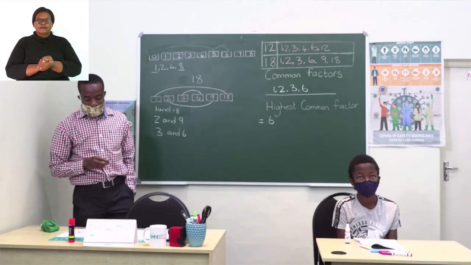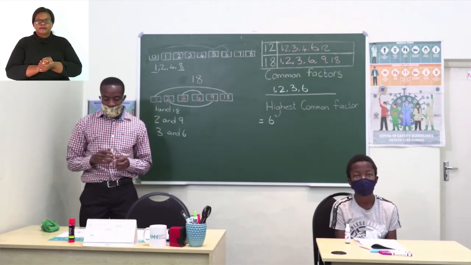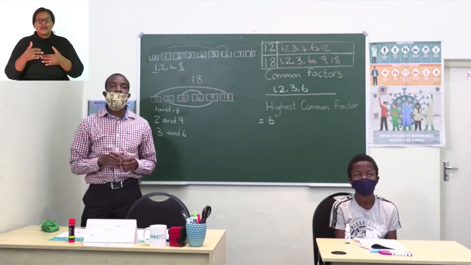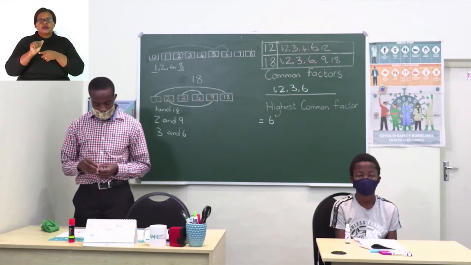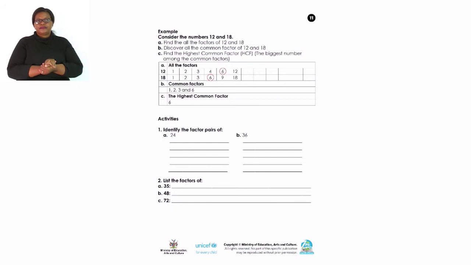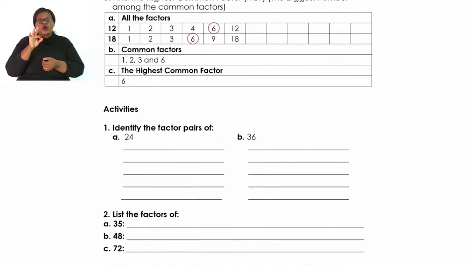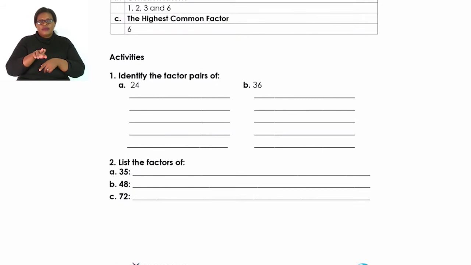Okay? So, now that we have done that, I want us to quickly look at our activities. Activity number 1 says, identify the factor pairs of A is 24 and B is 36.